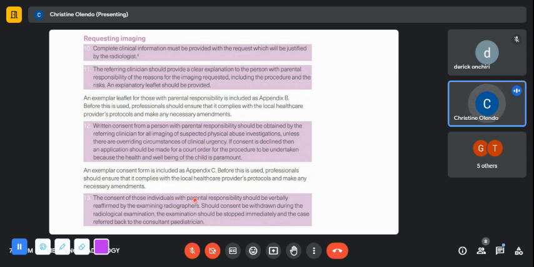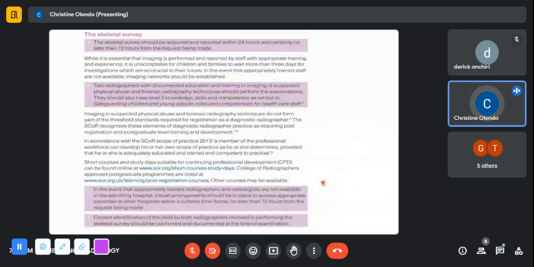This can be overridden only if it is an emergency, and also can be overridden in court as well. But usually in our system, we don't have the whole process of court. Consent of individuals with parental responsibility should be verbally reaffirmed by the examining radiographer, and if consent is withdrawn, the examination should be stopped and the case referred back to the consulting pediatrician.